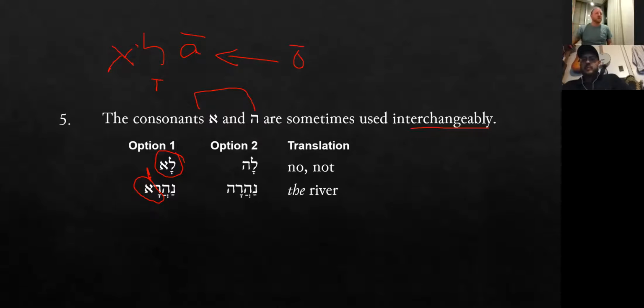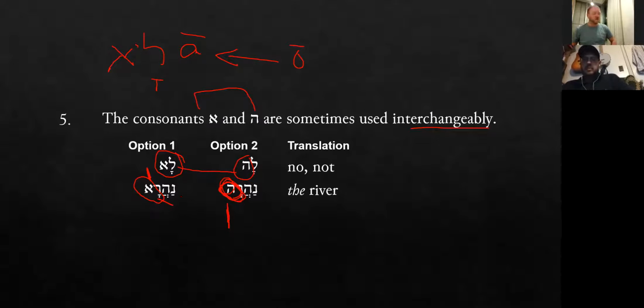So in Aramaic, they were inconsistent. Some texts are going to say la, and some are going to say la with a hey on it, just like that. That's really weird, but this means the same thing. They both mean no. Nara, the river, and sometimes even the aleph that we're going to see as the determiner is going to turn into a hey. Nara.